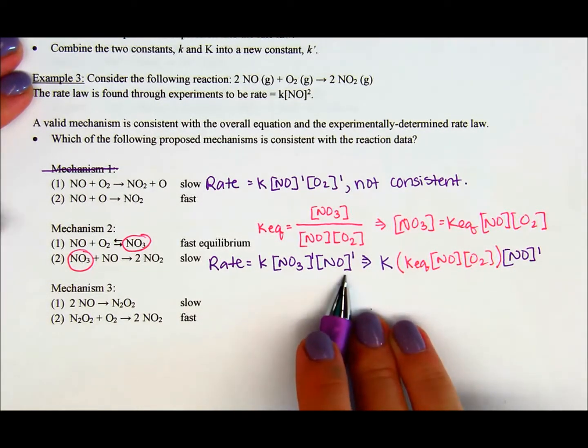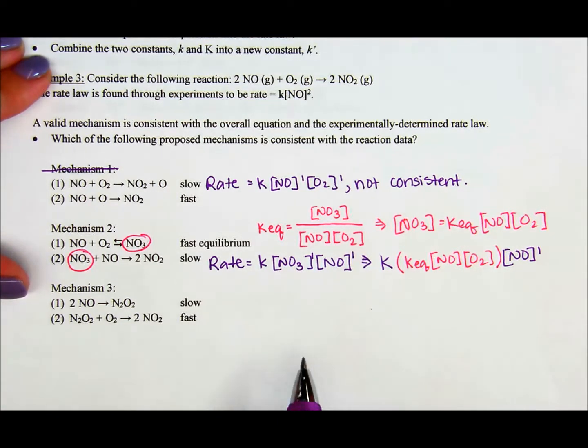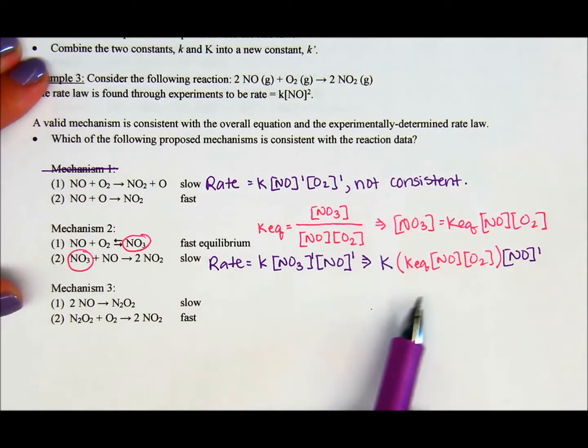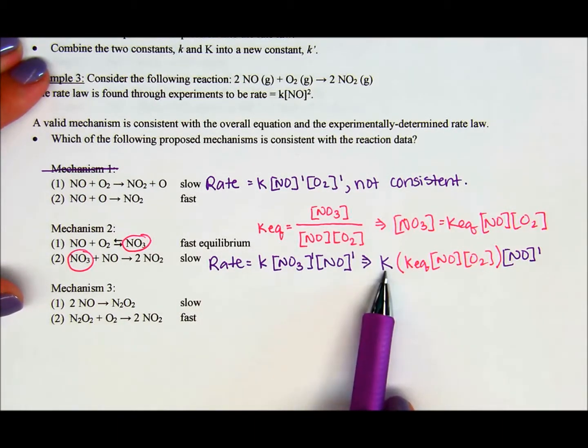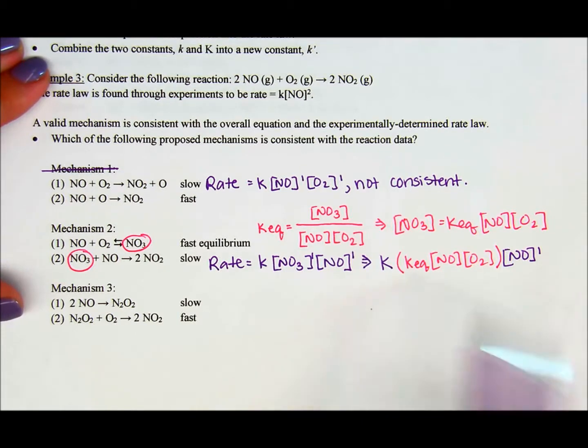Nothing else changed. Then we're going to combine the two constants, K and capital K, into a new constant K prime. So we have this K and this K. We're going to combine these into a brand new constant, and we're just going to call it K prime.